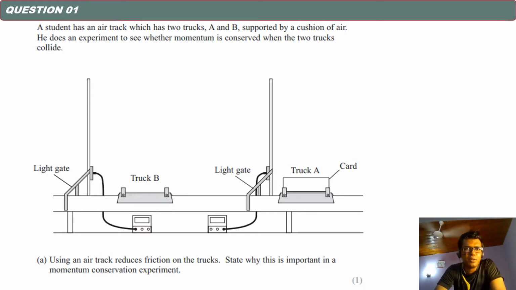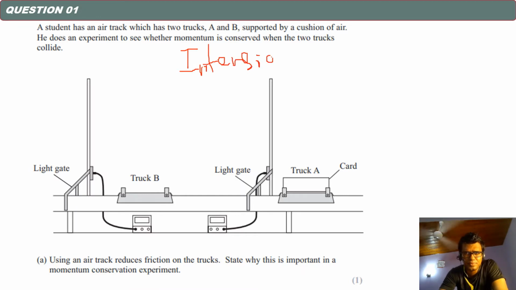He does an experiment to see whether momentum is conserved. Now when it comes to our experiment, the first thing that we need to know is the expectation, the intention. So what's the intention of the student? To find out the conservation of momentum.